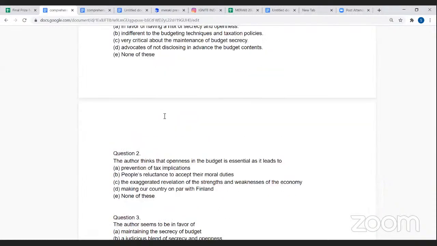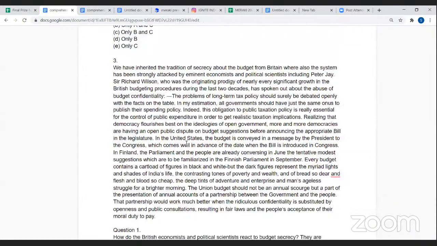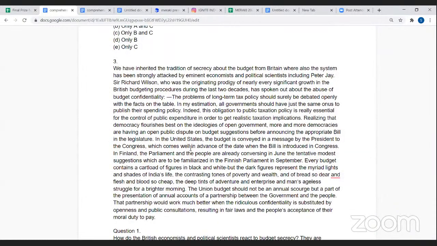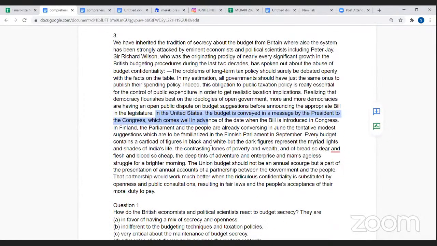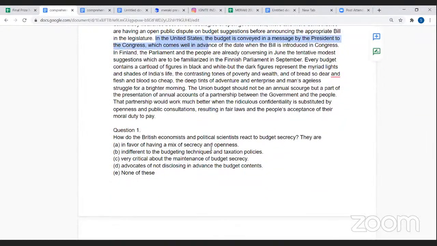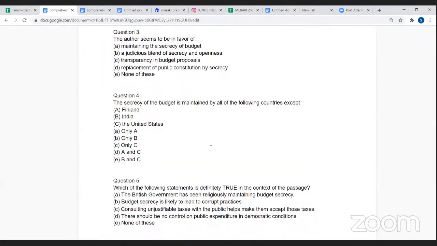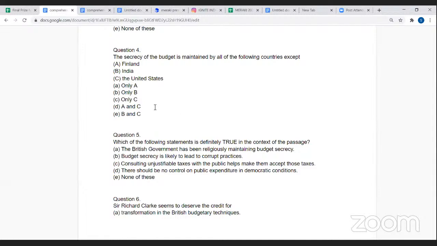There the budget comes before. In the United States, the budget is conveyed in a message by the President to the Congress, which comes well in advance of the date when the bill is introduced in Congress. So it's only C.